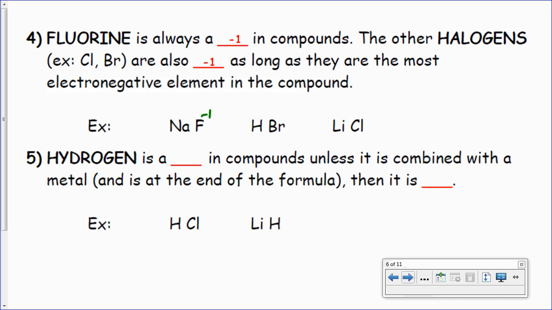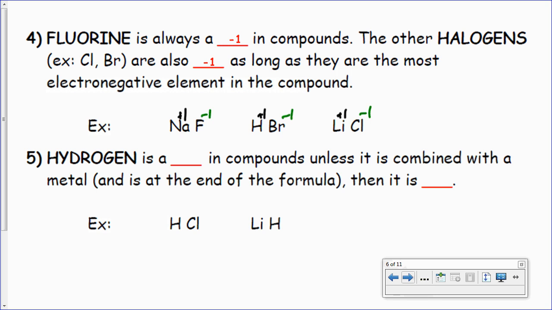So these little guys, the halogens, are always going to be -1, which means that that hydrogen got to be a +1, that lithium's got to be a +1, and that sodium's got to be a +1, because they all have to, again, neutralize out. +1 and a -1. They always got to go to neutral compounds. That's how we do this job.